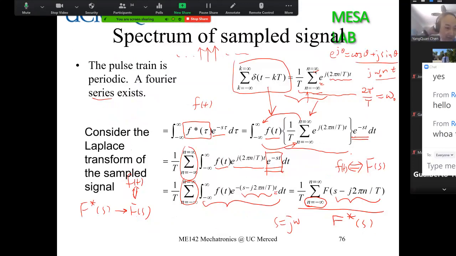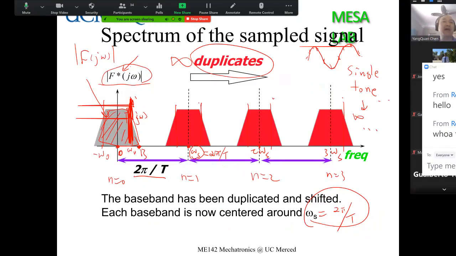So one of the ideas is, if you only have a single term sinusoid and you start to sample it, then you do the Laplace transform of the sampled points. How many frequencies do you have? You have infinitely many frequencies, okay? So this is sine omega 0 t, so this is omega 0.